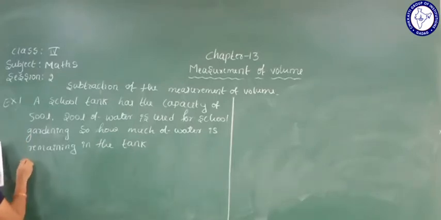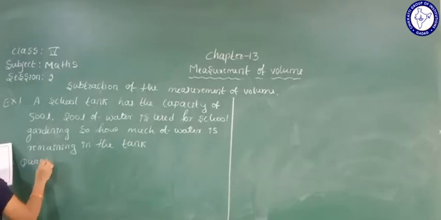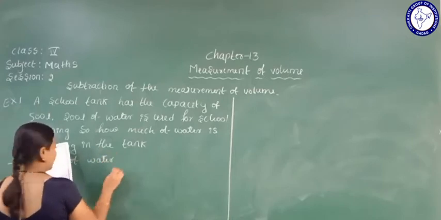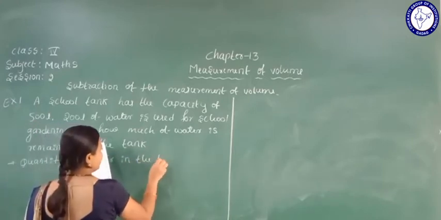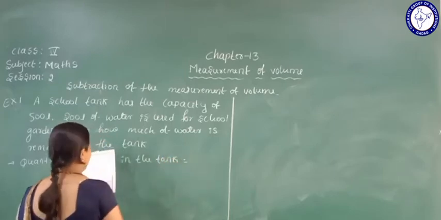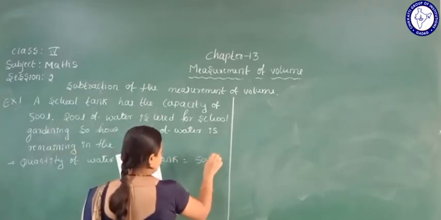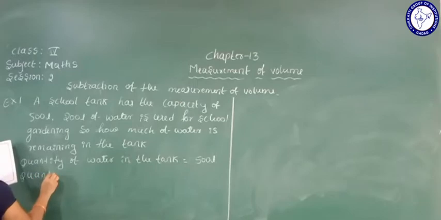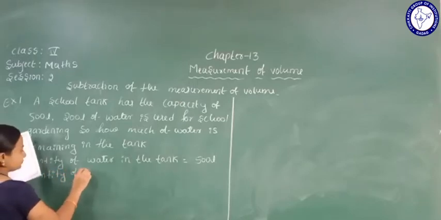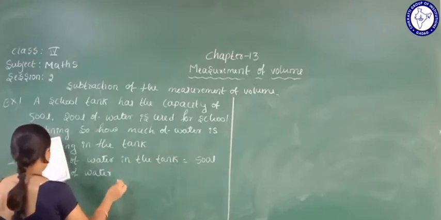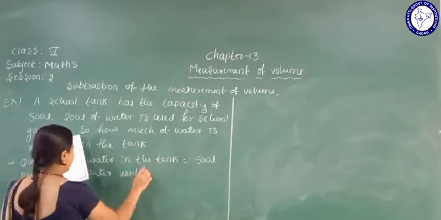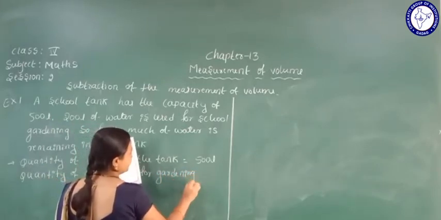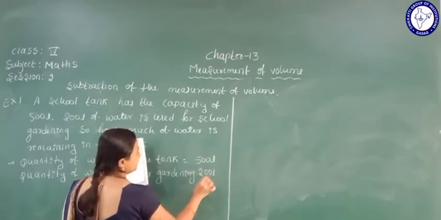Here we'll write: quantity of water in the tank. How much is there in the tank? Total quantity of water is 400 liter, the capacity of water holding. Quantity of water used for gardening: how much are they using? 200 liter.